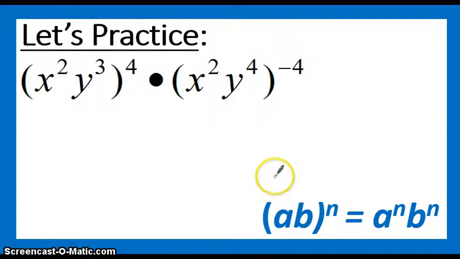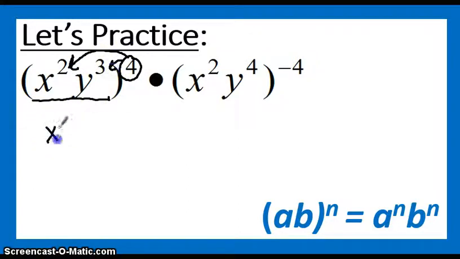This one is going to combine all 3 of the properties that we learned today. So we have x squared y to the third, all of which is to the 4th power, times x squared y to the 4th, all of which is to the negative 4 power. Let's start here with this one, we have to give the exponent to each factor.